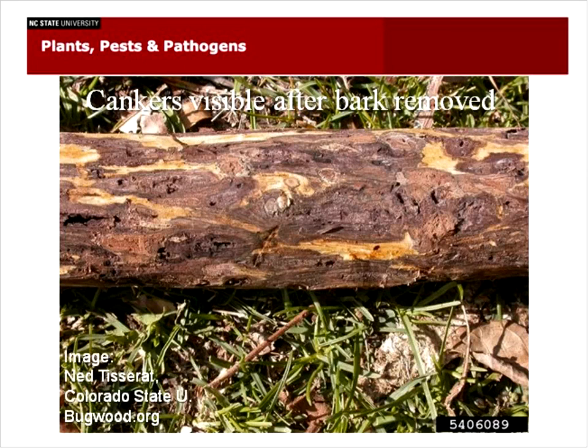The beetles are actually feeding in the phloem of the wood, but the fungus will eventually grow into the wood itself. The cankers are not going to be very noticeable on the surface, though, if you haven't peeled the bark off. Of course, with this happening to the plumbing of the tree, that branch is eventually going to die.